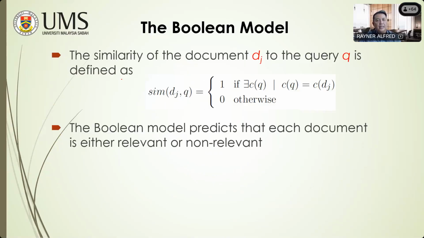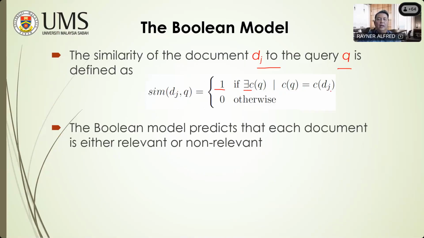So the similarity of document DJ to the query Q is defined as 1 if there exists a conjunctive query such that the conjunctive query Q is similar to the conjunctive document DJ.